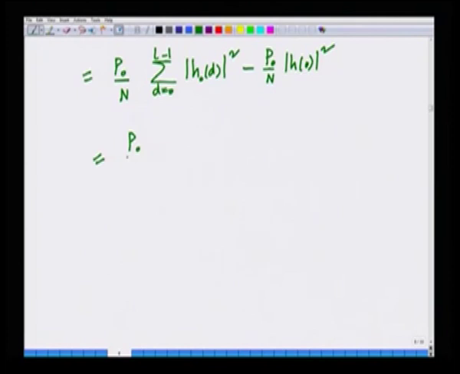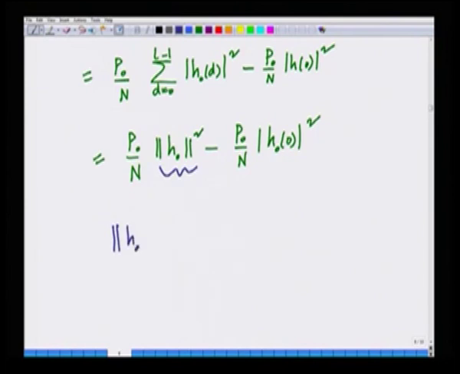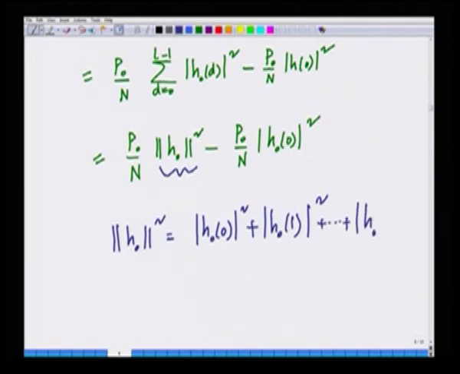This helps me write P0 over n norm of h0 square minus P0 over n magnitude of h0 square, where norm of h0 square is nothing but the total received power in the channel, that is the sum of the magnitude squares of the individual channel components: magnitude h0 square plus magnitude h1 square, up to magnitude h L minus 1 square.